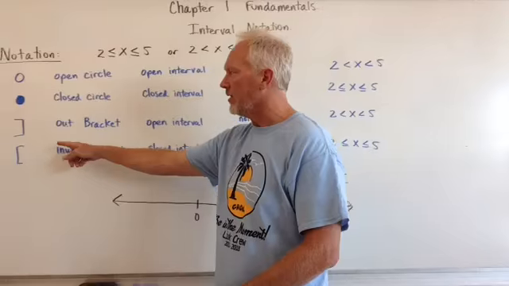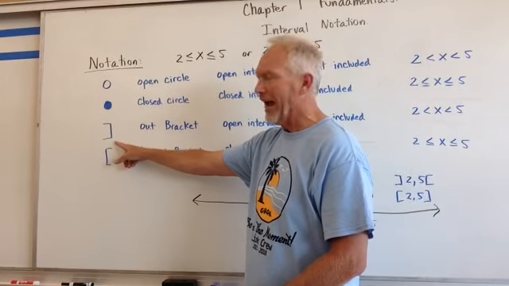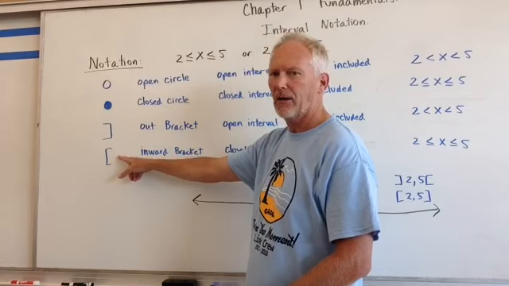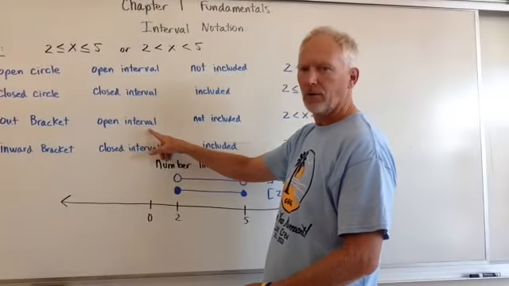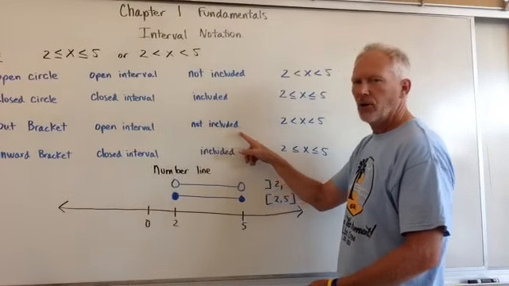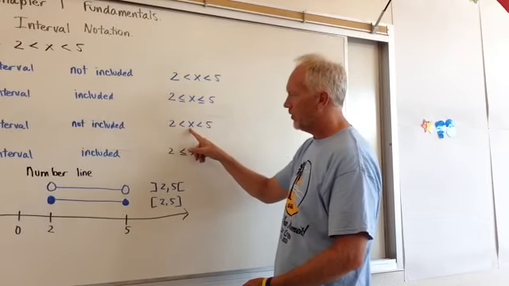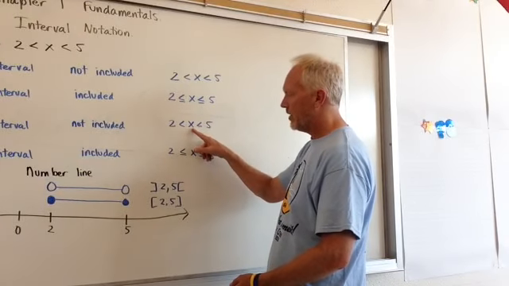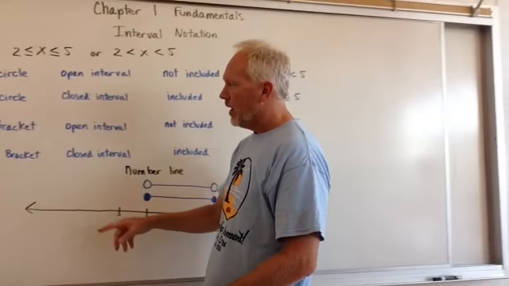Other notation we might see, more familiar that we want to use in our IB class, is the outward bracket or the inward bracket. We see an outward bracket being used for an open interval where we're not including those numbers. Again, x is greater than 2 and less than 5, so we use an open bracket.